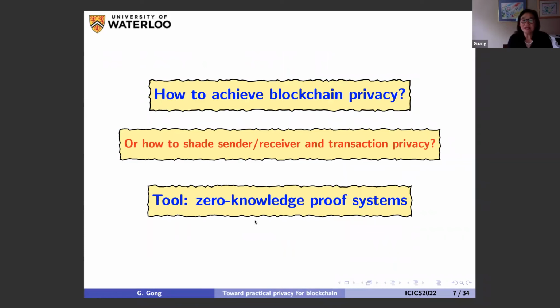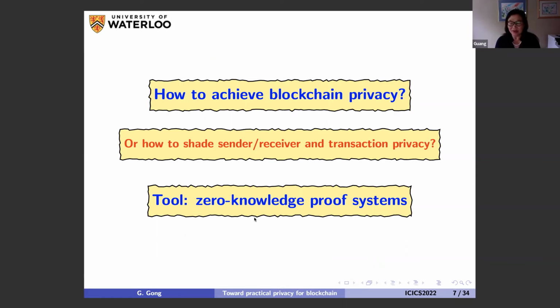So the problem is how we can achieve blockchain privacy, or in other words, how we can hide the sender, receiver, and the transaction amount. For example, in UTXO, currently the tool is zero knowledge proof systems.